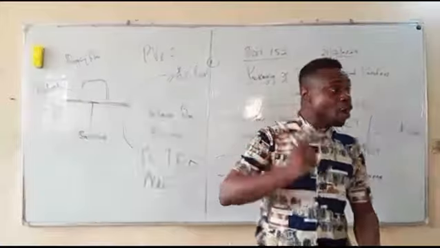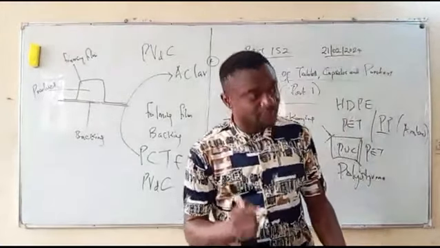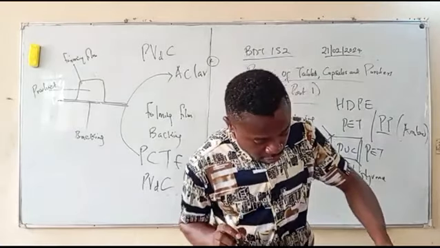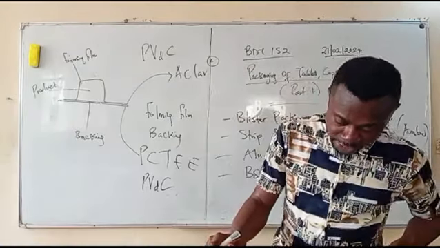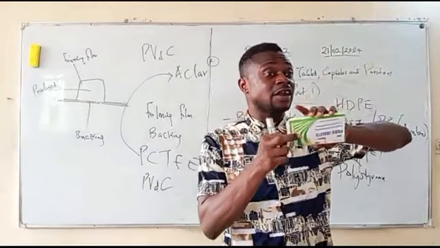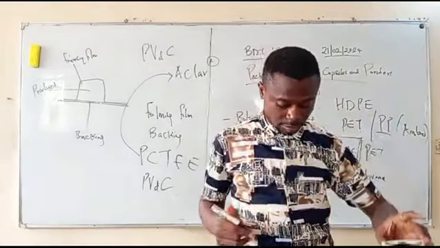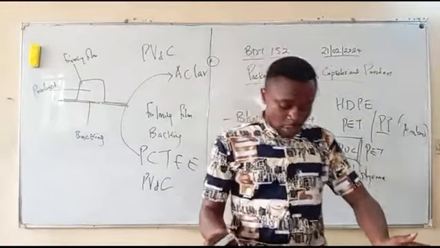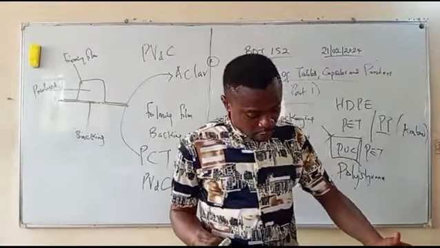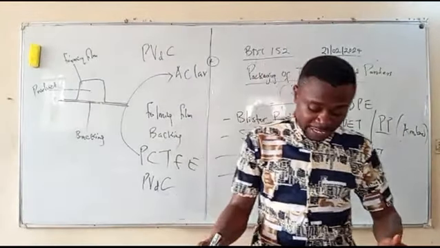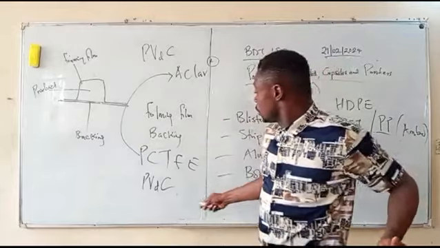Now, this combination gives good barrier, and the area of use is moderate to high sensitive range of products. You start seeing some FDCs. What is FDC?